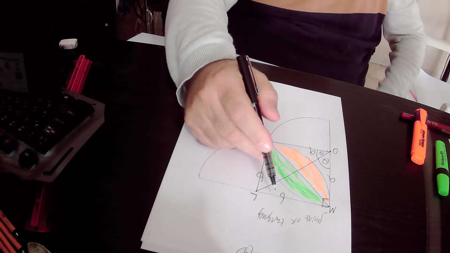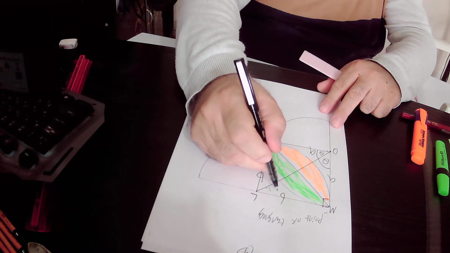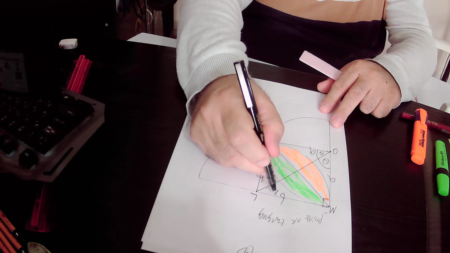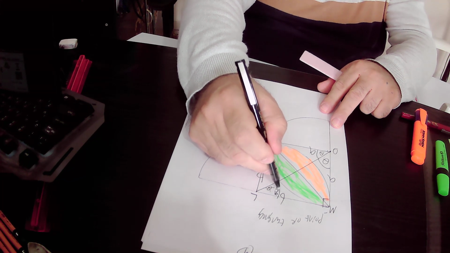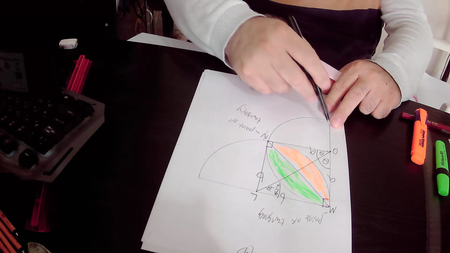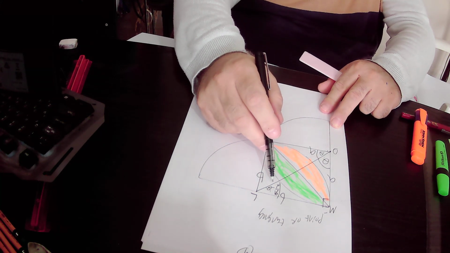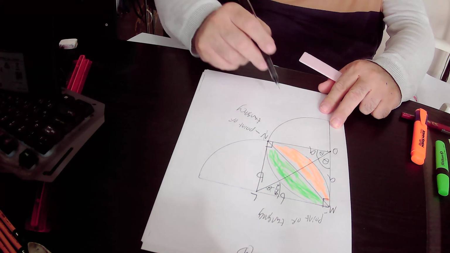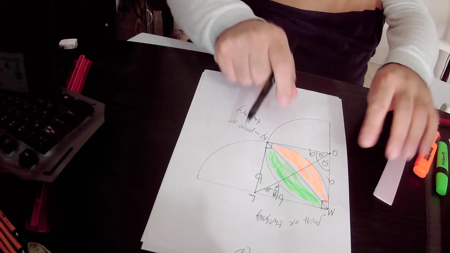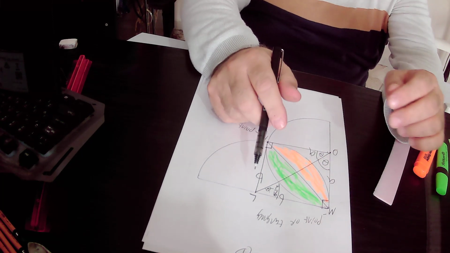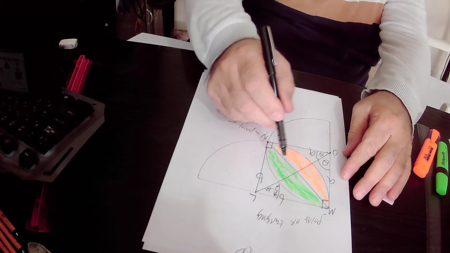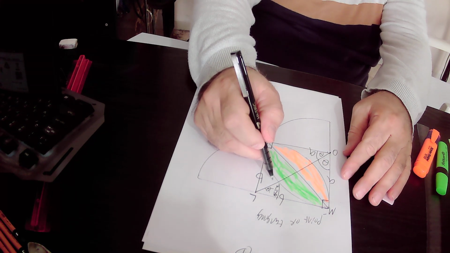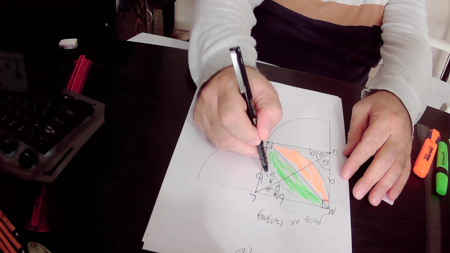So this angle must be equal to pi over 2 minus theta, in order to complete the sum of the angles in the right triangle OML to 180 degrees. Those two triangles can go into each other, therefore those two angles must be equal to each other. So this angle must also be equal to pi over 2 minus theta.